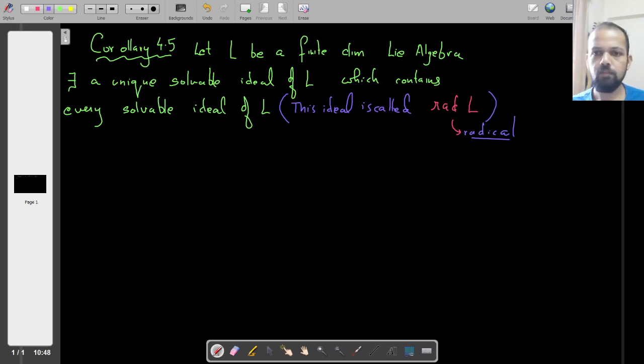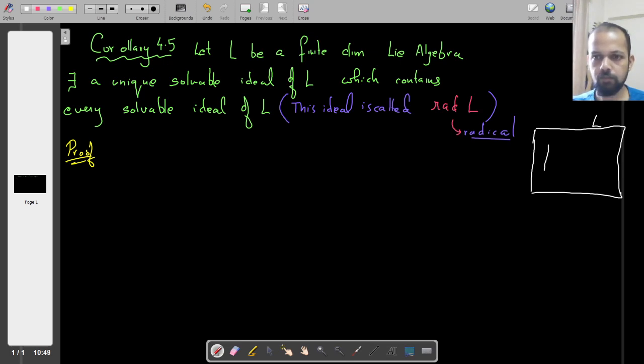Okay, so we'll prove this result. The proof will be fairly simple. In fact, I'll explain to you in a diagram what's going on. You have your L, and what we are saying is there's going to be this ideal Rad L, and any other solvable ideal is inside this.